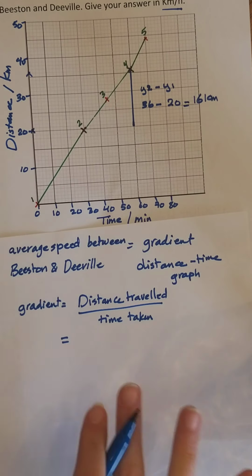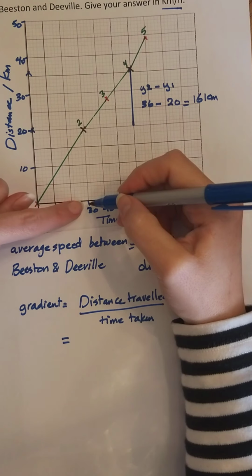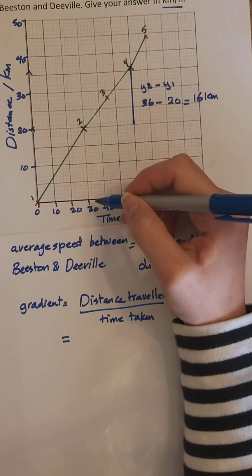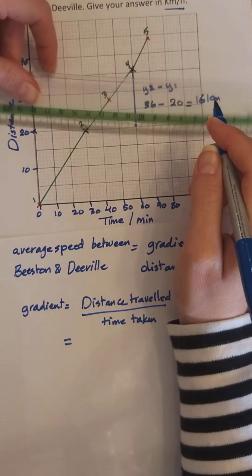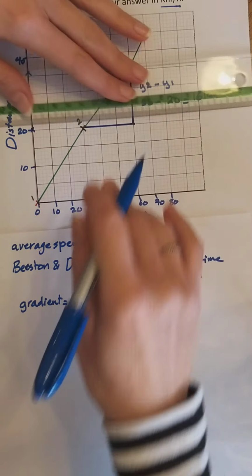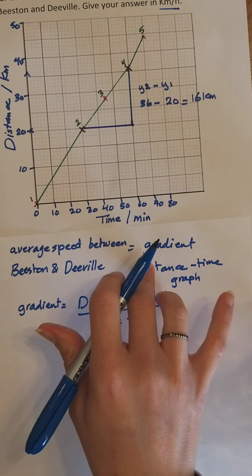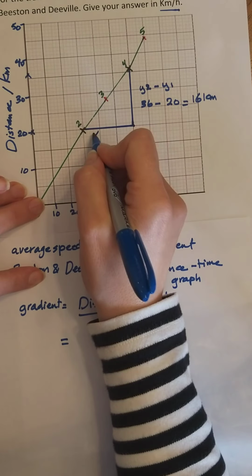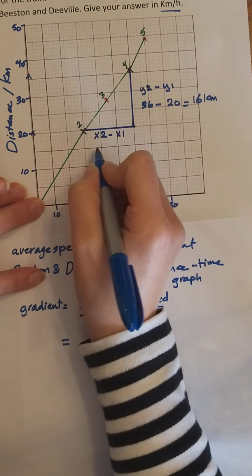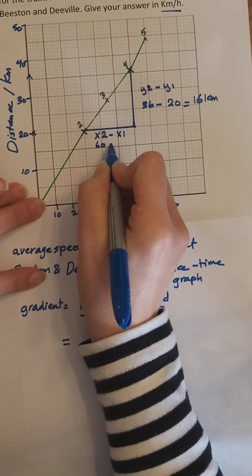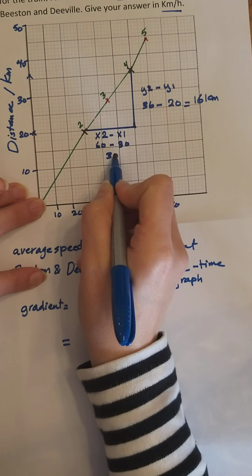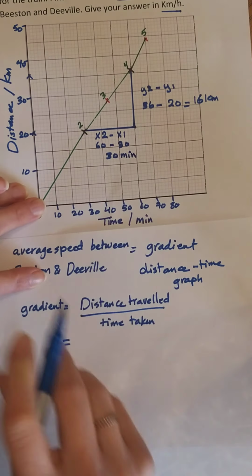The time taken is also the difference between these 2 points, 30 and 60. x2 is 60, x1 is 30. So this horizontal line here of this triangle shows us the time taken, x2 minus x1, 60 minus 30, the time is 30 minutes.